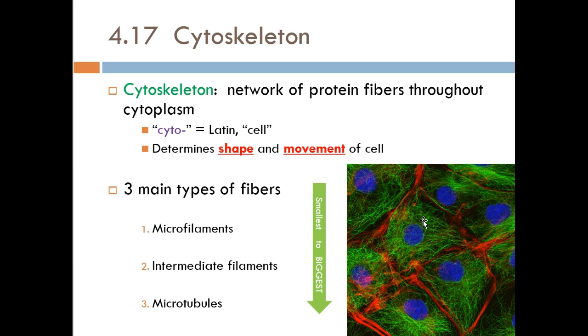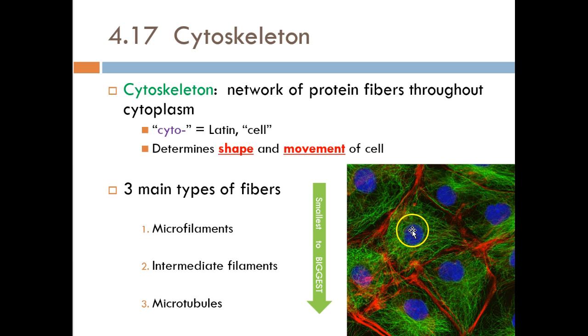And they're usually these things called microtubules, and we'll talk about them in a second. But these are basically little fibers inside the cell that give it its shape. And if some cells move, which some do, it'll actually help them with movement.